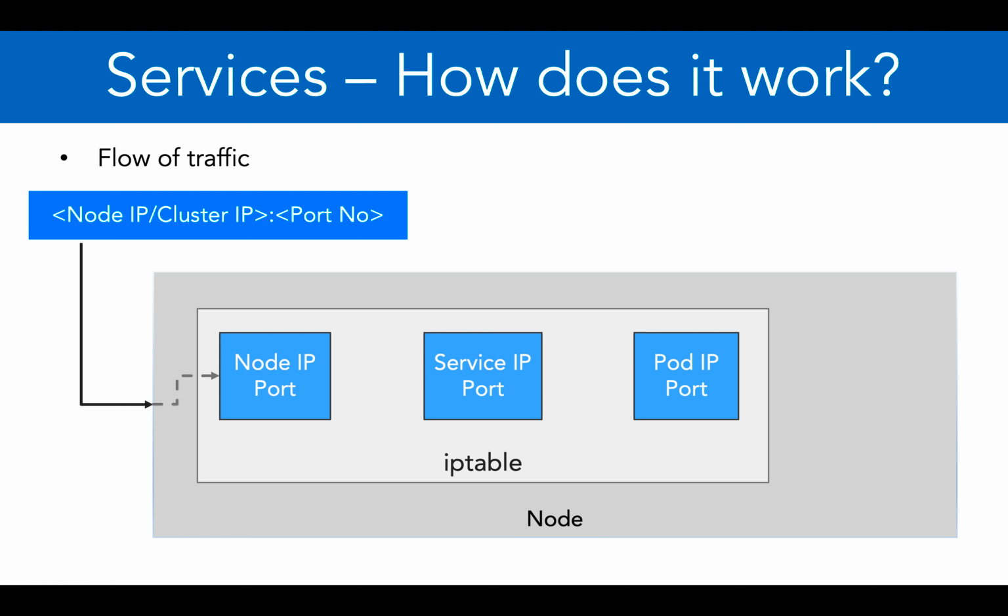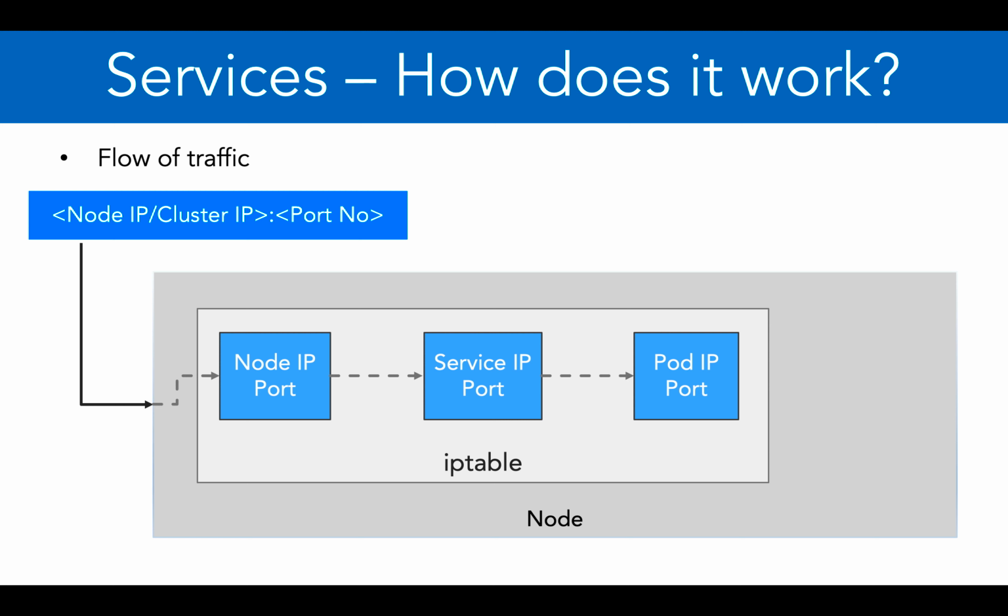From the node, it goes to the IP table. And the moment it goes to the IP table, everything is pretty straightforward because we have the mapping. So it finds out, okay, for this particular node IP and port, this is the service IP and port. And from this service IP and port, I should send to all these pods.